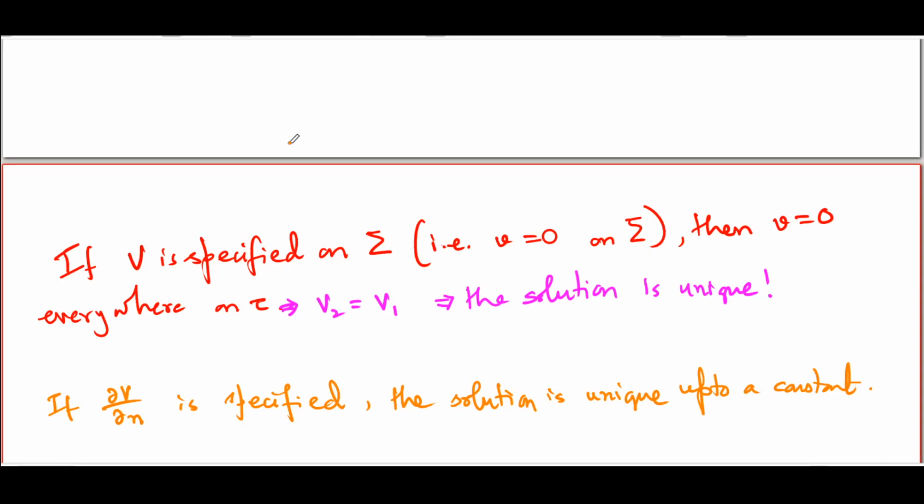So this gives us the uniqueness theorem for the Poisson equation. The solution to the Poisson equation in a region is unique if the value of the potential or its normal derivative is specified on the boundary, or even if you have a mixed boundary condition where potential is specified on part of the boundary and the normal derivative is specified on the rest.